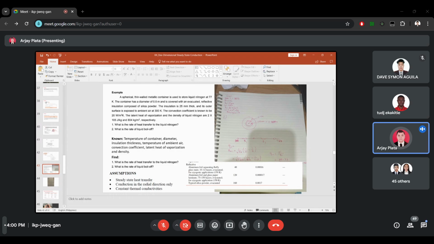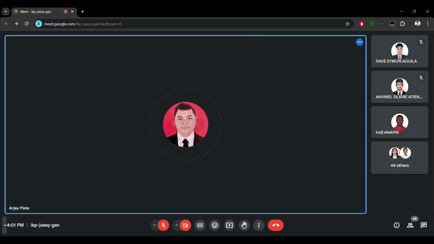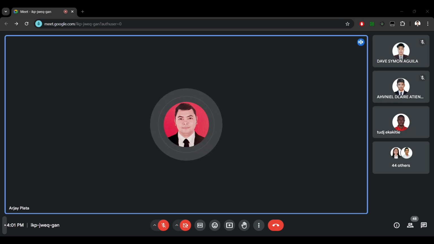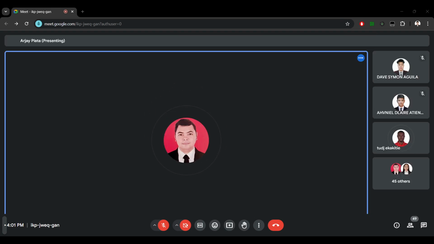I'm sharing the physical properties table. You have the green book that I gave you last time. I'm sharing my screen. In Appendix A, can you see?